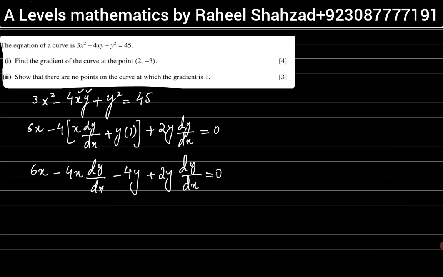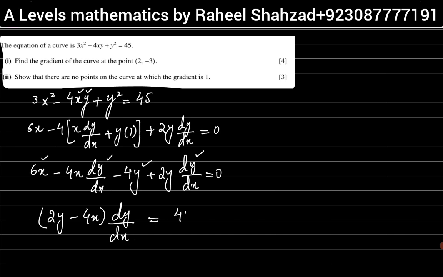Now at this point we are going to rearrange it, because we are looking for dy by dx only. So we can write (2y minus 4x) into dy by dx, and you can take 4y and 6x to the other side.